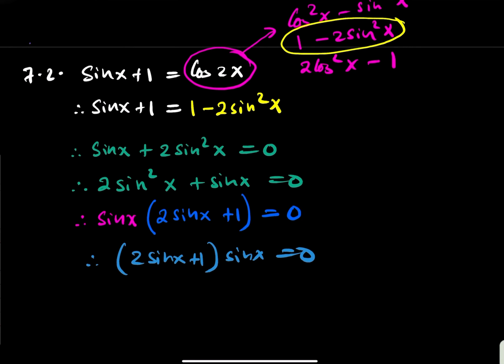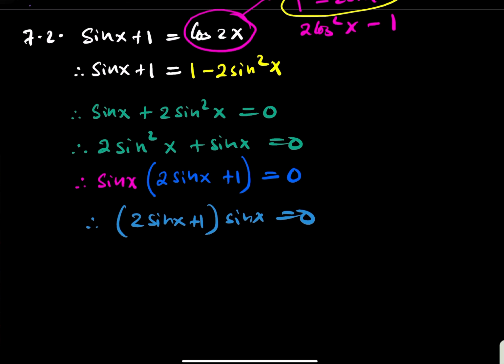All right, so it's a lot of steps, unnecessary steps basically. Let's check where you're going to get the marks. The mark is to be able to change that identity to be 1 minus 2 sine squared, and then the other one is this particular step. It's the same step, so you can write this one or this one.